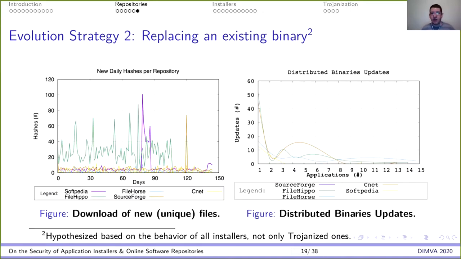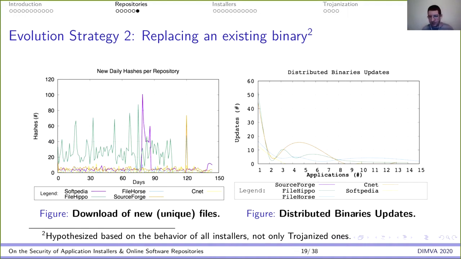But more than that, we also investigated if it was possible to change the distributed binary if by some means the attacker was able to control a given already existing repository entry. So as you can see here, again, all repositories daily changed the distributed binary for at least one application. Of course, some more than others, but all of them daily changed at least one application.